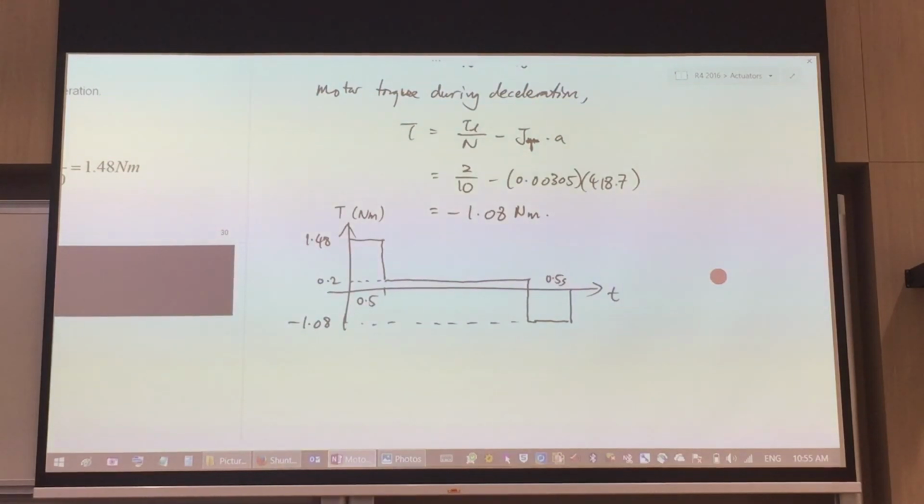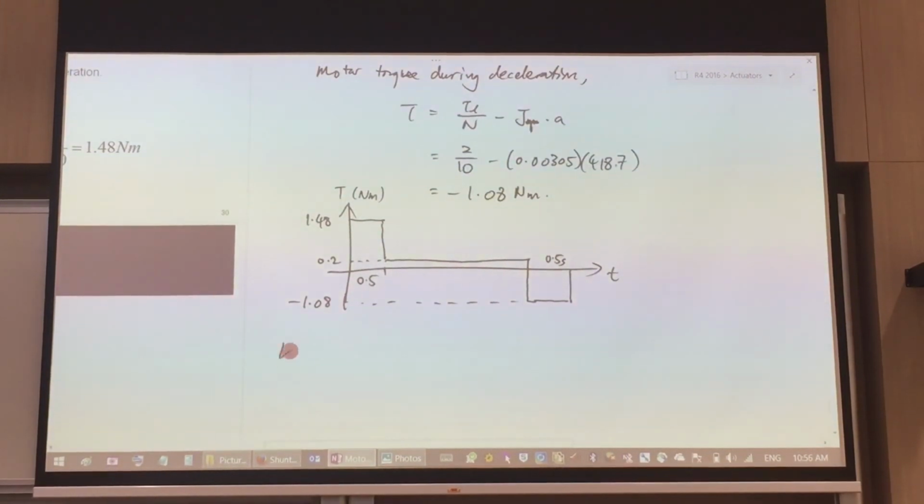Now there's one here with a little bit of extension talking about the efficiency of the motor. A lot of students couldn't do that part, because there wasn't an example about that. So what I'm going to do is give you just that little bit of extension.